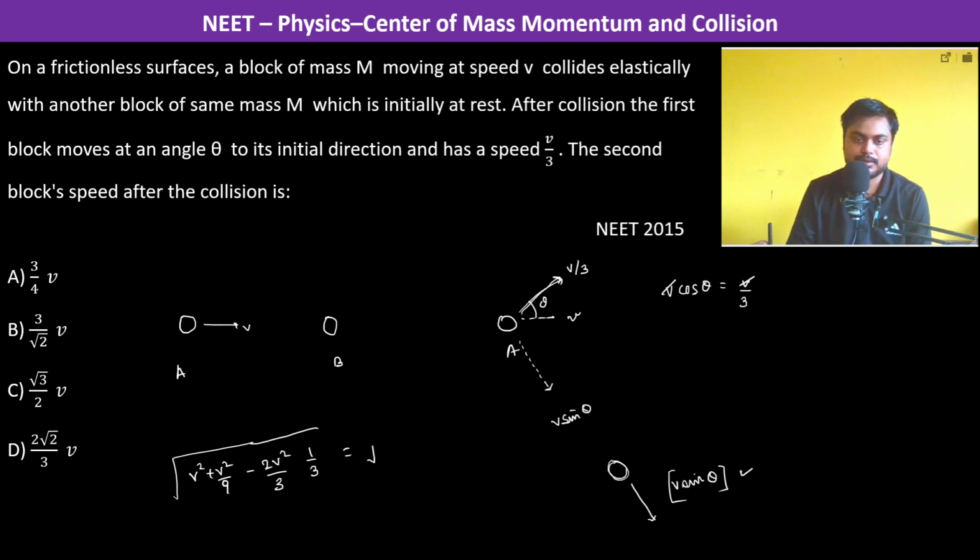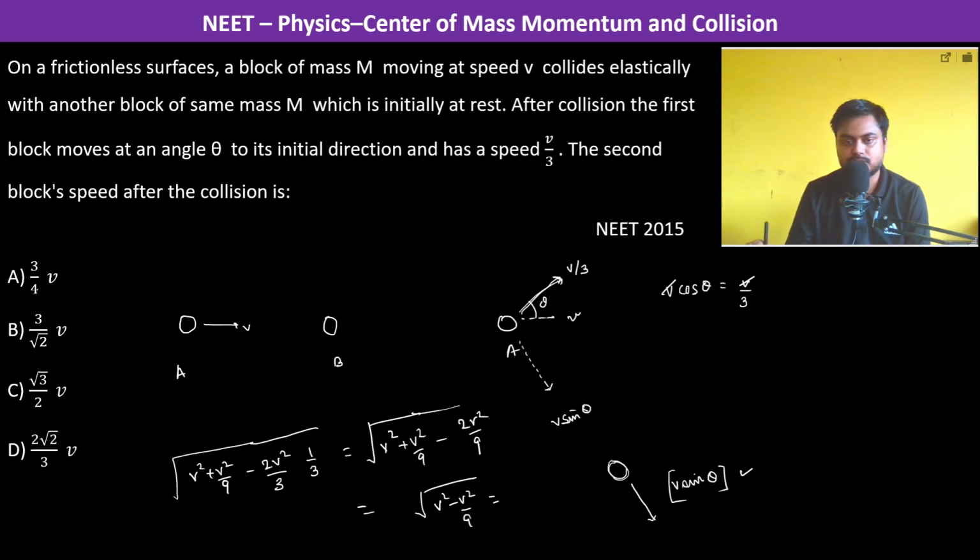Therefore root over V square plus V square by 9 minus 2V square by 9, which is equal to root over V square minus V square by 9, which is root 8 by root 9 V, which is again 2 root 2 by 3 V. So that is the D option. Thank you.